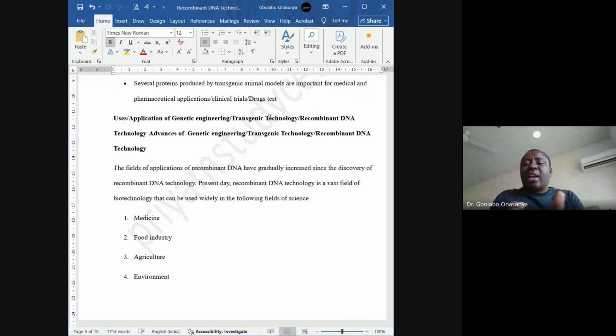We can create a mango that is sweet. In fact, we have created BT cotton, through genetic engineering, a cotton that is resistant to bollworm. We have created genetically engineered beans that are resistant to Callosobruchus maculatus, the bean weevil.